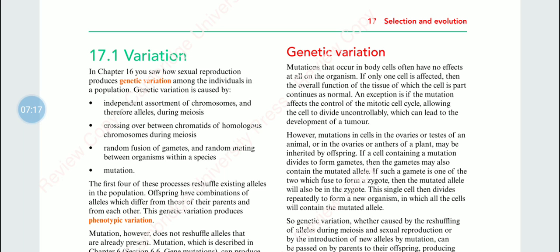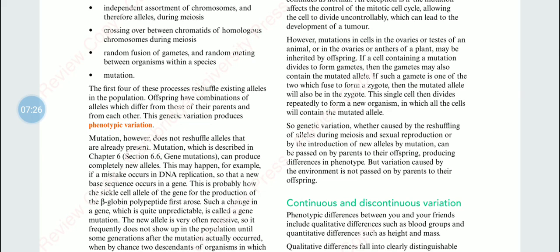The zygote will pass on this allele to all other divided cells, because you know that the zygote divides to produce the rest of the cells. So all of them will contain this mutated allele. That is what it means.